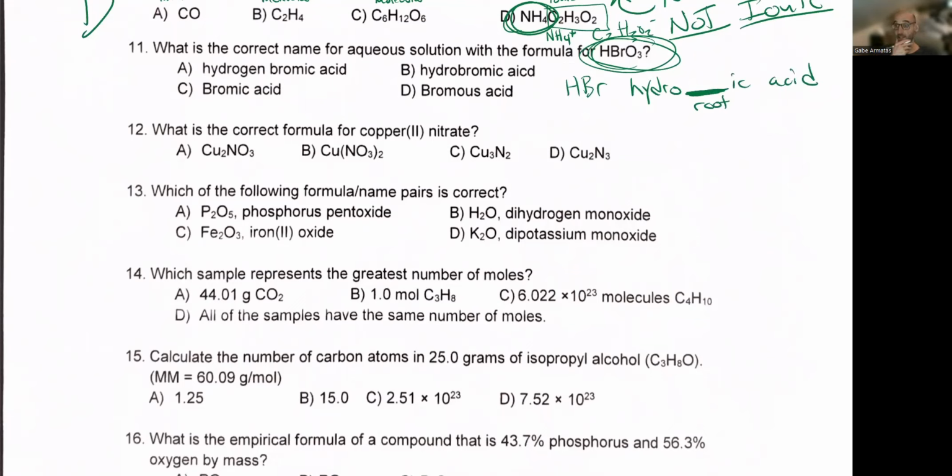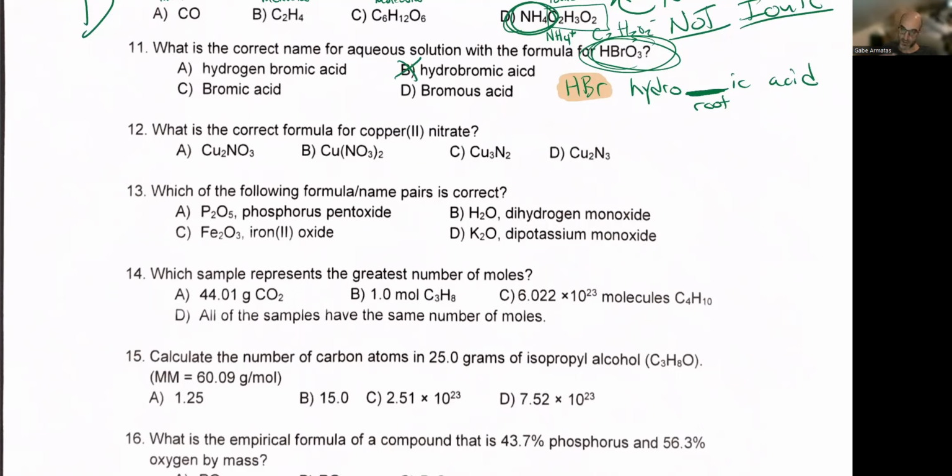The hydro part is essentially saying you have just two. It's a binary acid, H and the Br. So anything that has hydro in the beginning, we can immediately eliminate. Next up, if we look at the next thing, it's the BrO3. So we have to know, is this bromate or bromite?